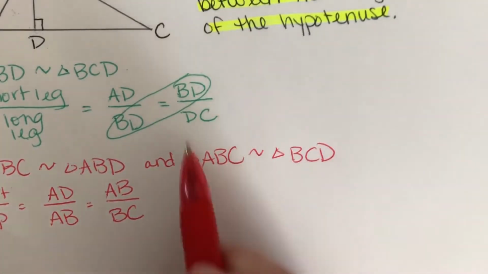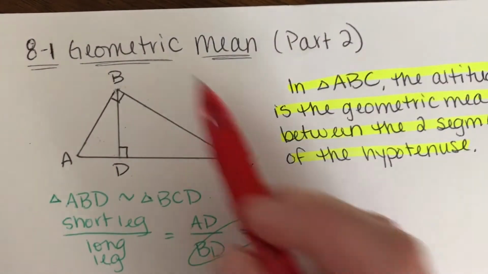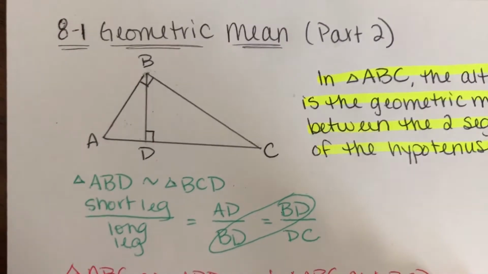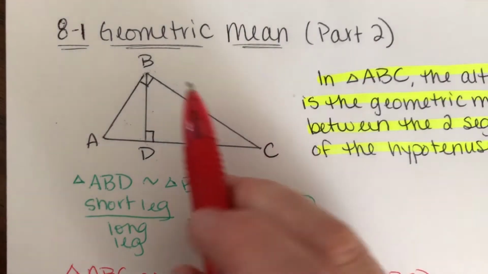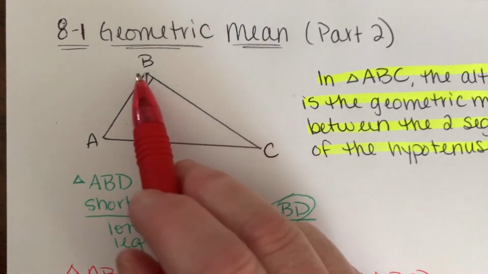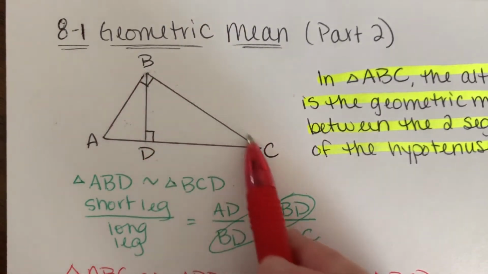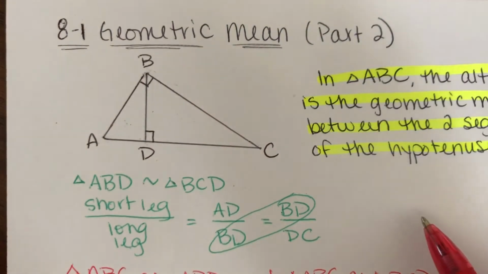And then when I'm looking at these two triangles, the whole big guy and this little guy, I can set up a different sort of proportion. I can think of long over hypotenuse. So long leg over hypotenuse. And one segment has a double job. It's both the long leg of a triangle and the hypotenuse of one. What is that? BC, right? BC is the long leg of the big triangle, and it's the hypotenuse of this little triangle, right?